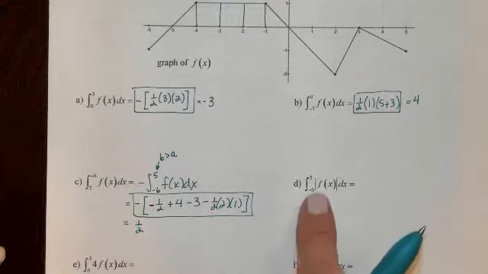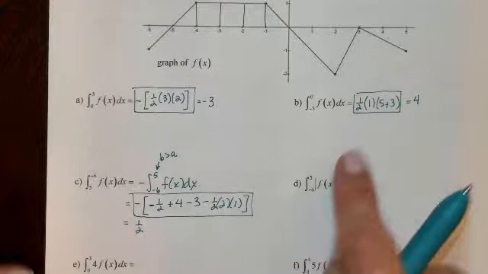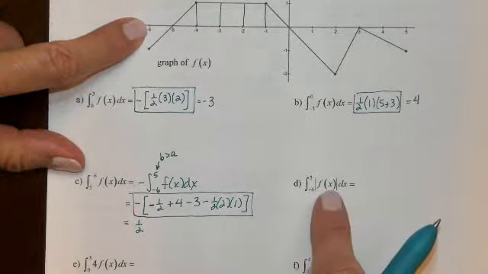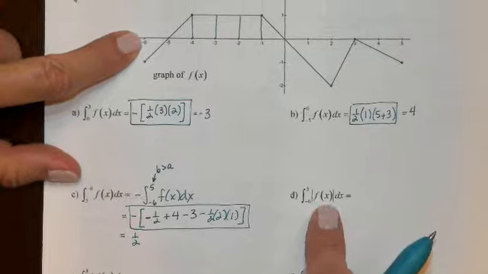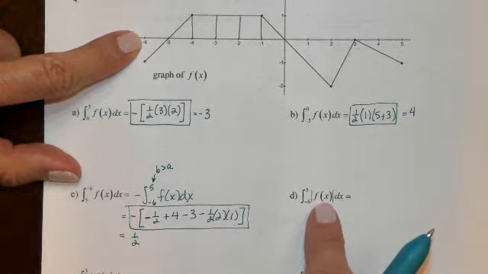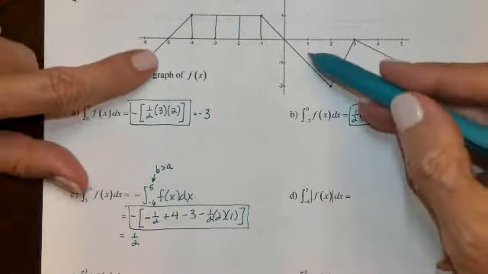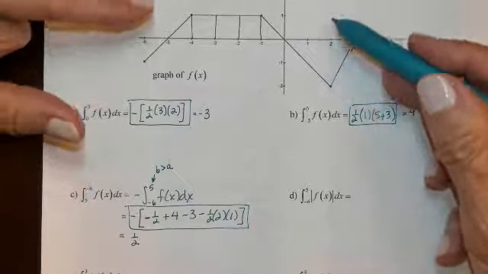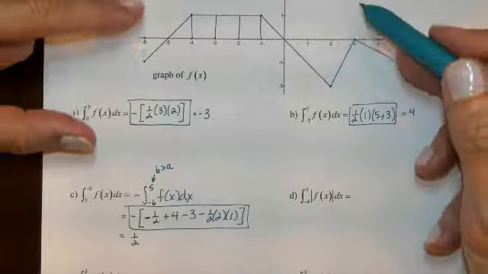Part D. The integral from negative 6 to 5 of the absolute value of f of x. What's the absolute value of f of x going to look like? Well, anything on f that's below the x-axis will be flipped up to be on top.